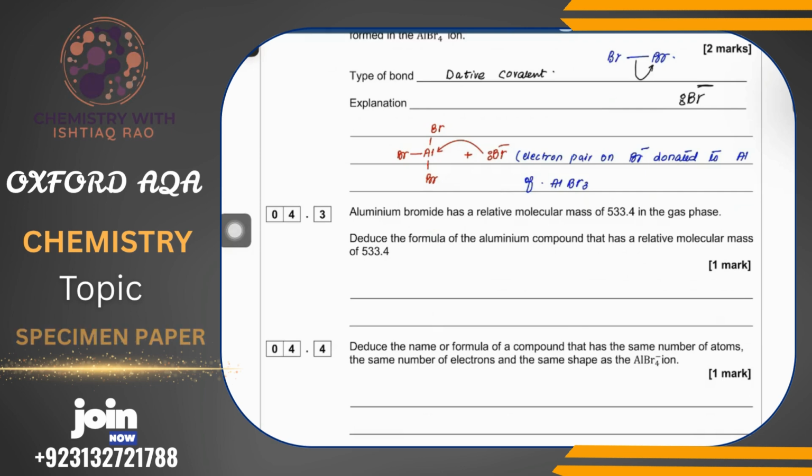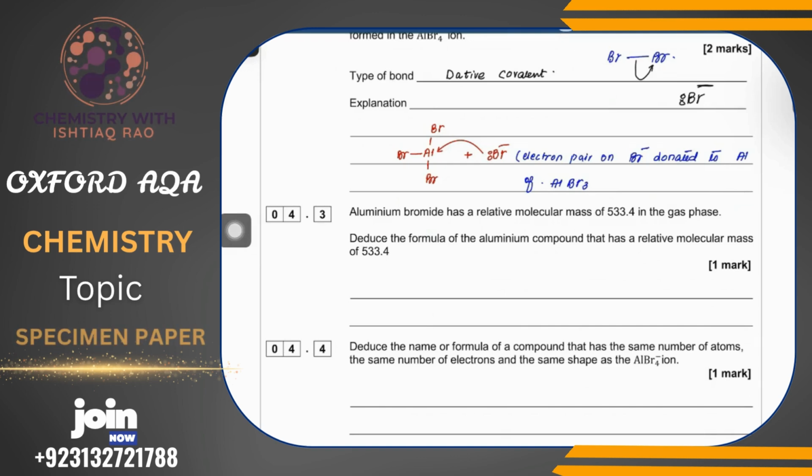Aluminum bromide has a certain relative molecular mass in the gas phase. Deduce the formula of the aluminum compound that has a relative molecular mass of 533.4.